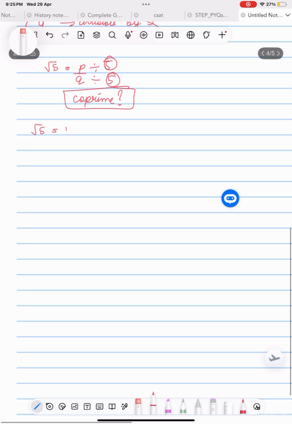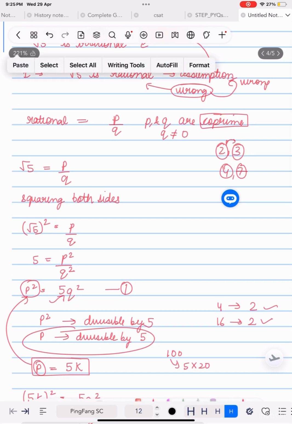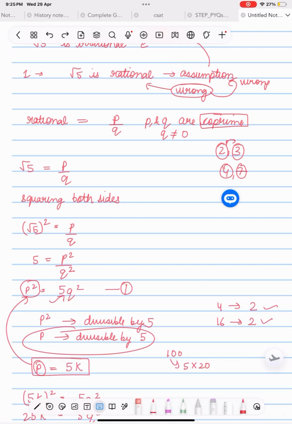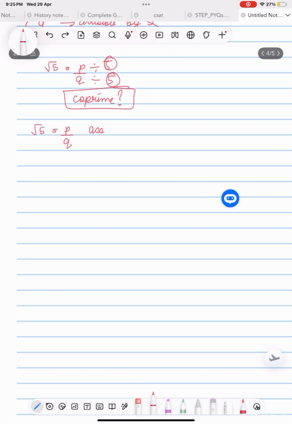That means root 5 is not p upon q. Our assumption was wrong.